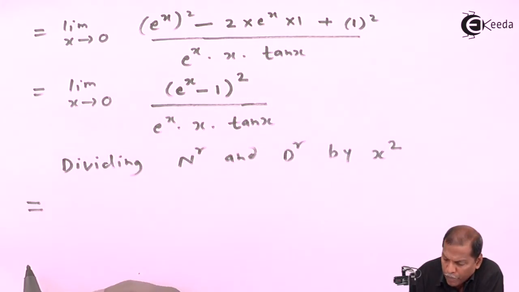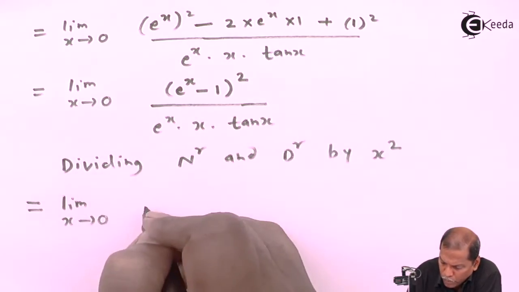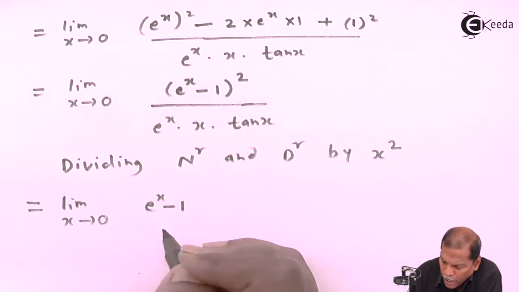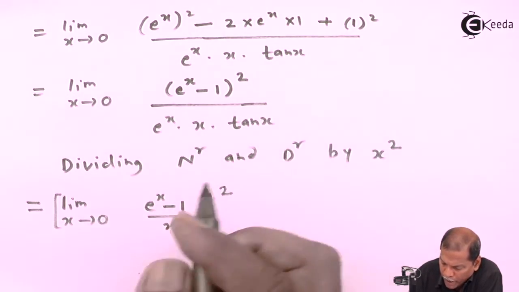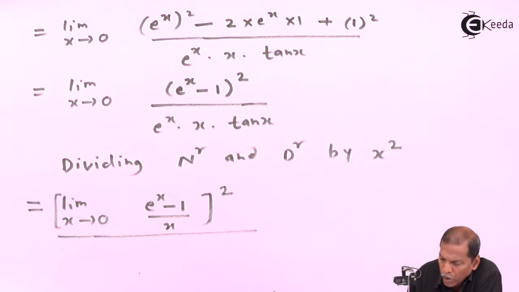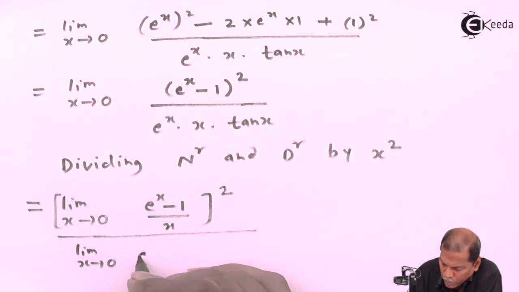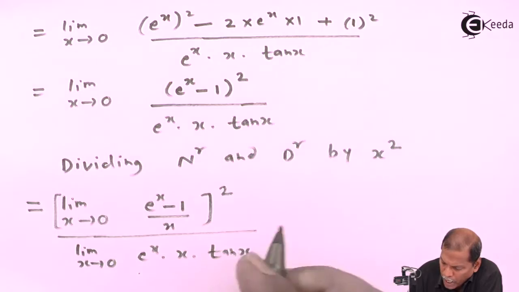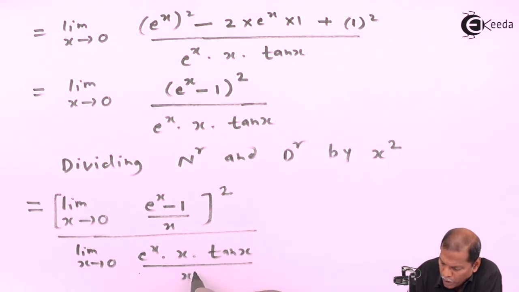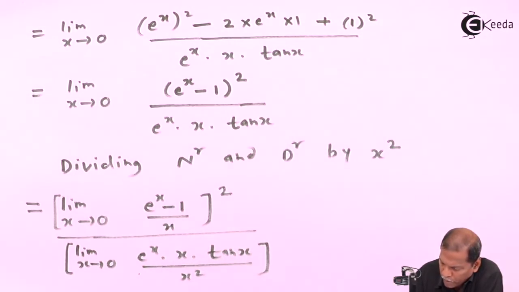So the next step will be: the limit as x tends to 0 of ((e^x - 1) upon x)^2 in the numerator, upon the limit as x tends to 0 of e^x into tan x, the whole thing divided by x^2, in the denominator.